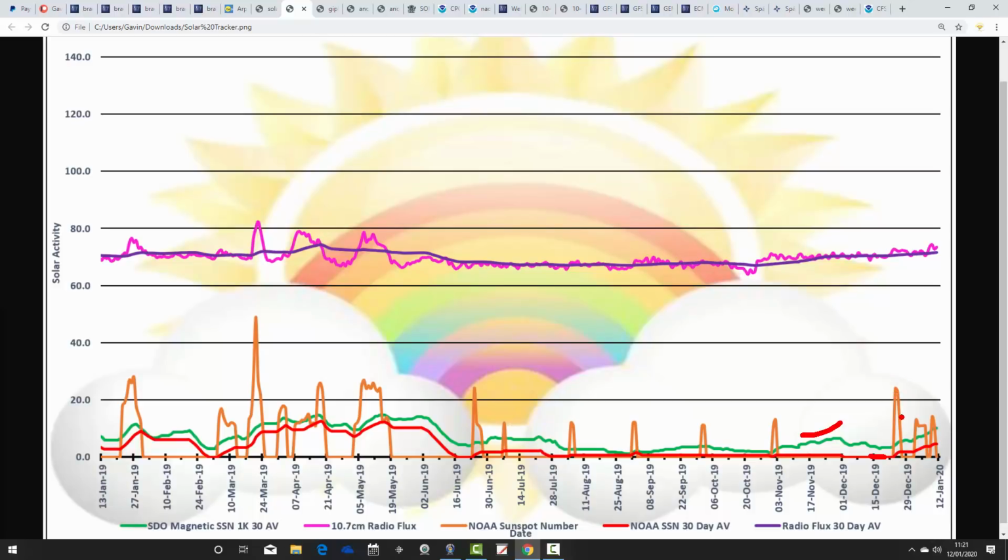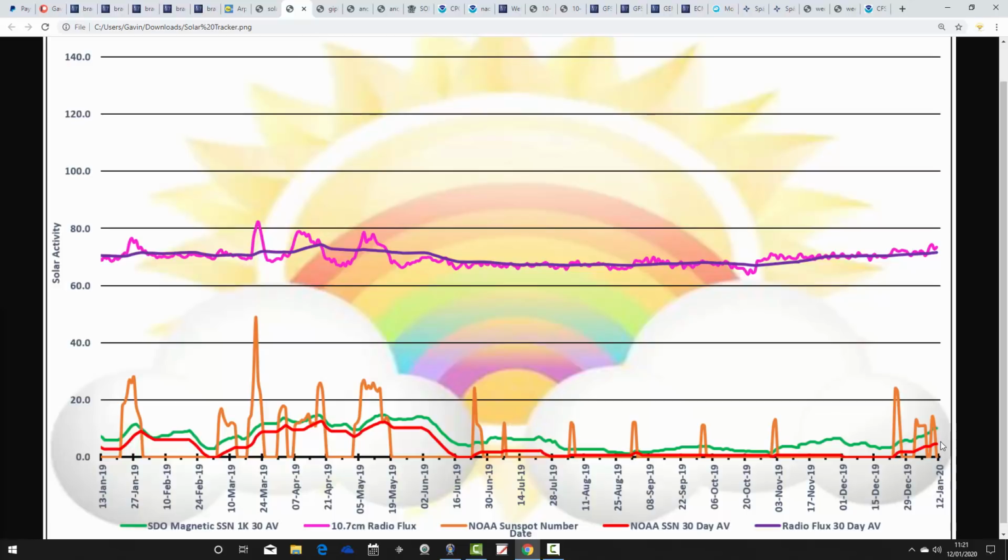So we have had a little bit more of an active phase, actually, a very low level of activity, but have had some slightly more active days since around the end of the year and into the early part of January. You can see that from these orange spikes just here. I mean, this is a really low level of solar activity, but yes, we have seen a little bit of sunspot activity, and so that has been enough actually to raise up the thick green and thick red lines a little bit.